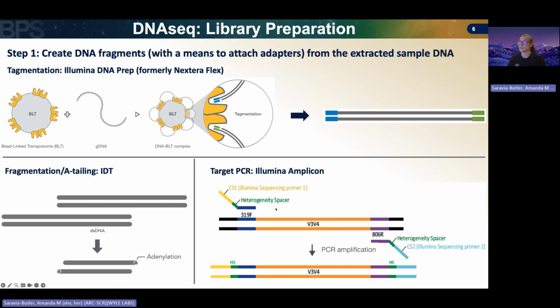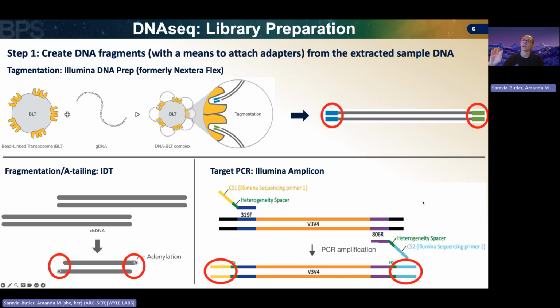And so at the end of this step for the Illumina Amplicon method, we're going to end up with this region in orange, our unknown variable region that we want to sequence, the conserved region that's flanking either end of that unknown region, a spacer, and then these sequencing primers on the end of that, which are ultimately going to be used in the sequencing by synthesis method.